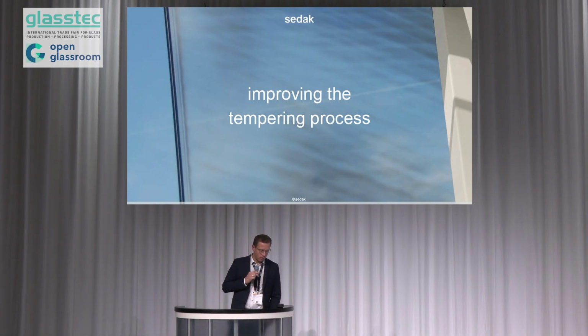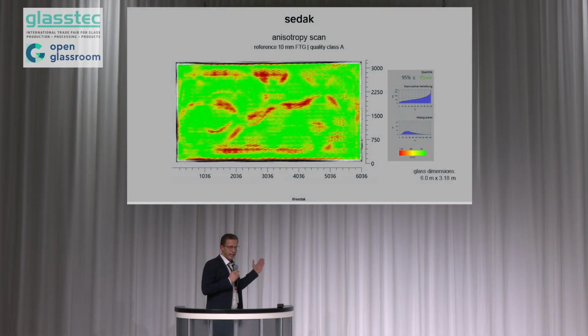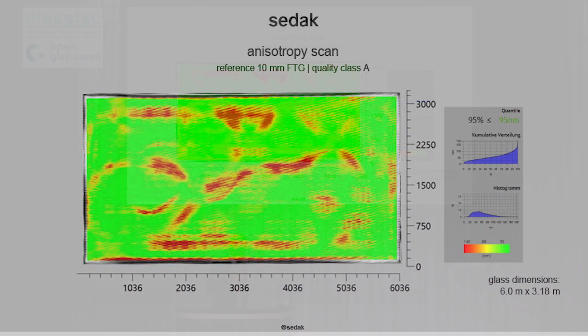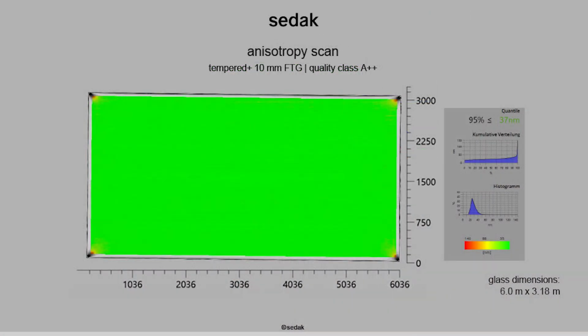When we compare it now to a conventional quality A class, like seen here, we have the red stress zones that will be visible later on in the glass when looking at certain angles. This is the current state of the art for quality A class. And now with Sedak Tempered Plus, we don't have these red stress zones anymore. All over the center, we don't have any red zones, and therefore we don't see any anisotropies with the naked eye for the glass.